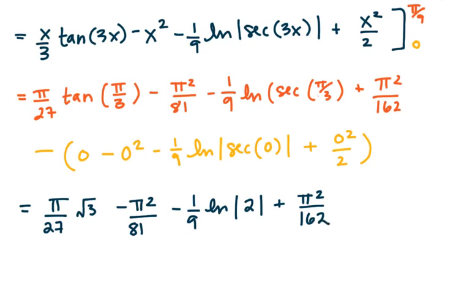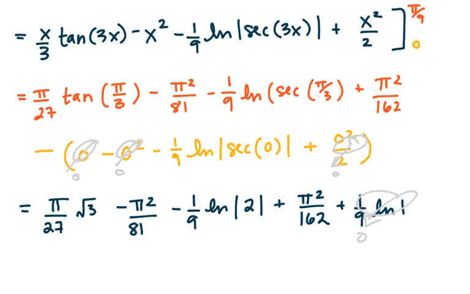And then, as we said, we've got minus 0, minus 0, minus a negative. That's going to be plus 1/9 the natural log. Secant of 0 is 1. And then 0 squared over 2 is 0. And then noticing secant of 0 being 1, natural log of 1 is 0. So we have a lot of terms that zero out.